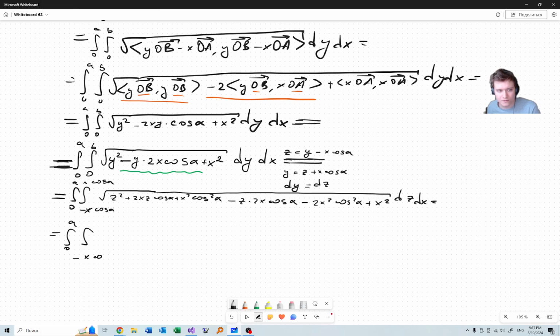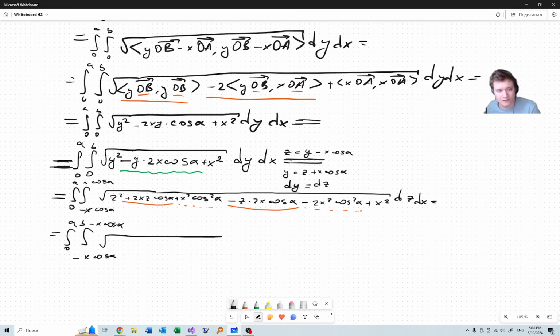Minus x cos alpha, b minus x cos alpha. Okay. The interesting part is that this and this annihilate, and this almost annihilates.